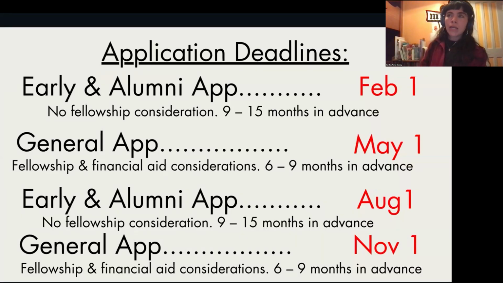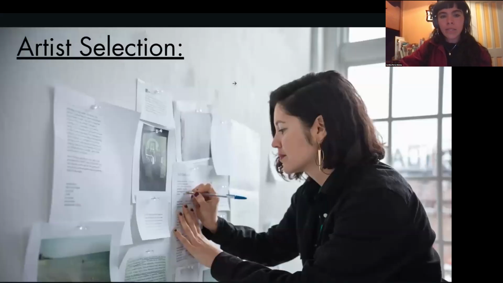So that one is less competitive and people do have to pay. And then the general app is more competitive, and that is where most people apply through, because for the most part, if people are getting accepted through the general app, they will attend for free and sometimes even get stipends, depending on what type of fellowship they have.